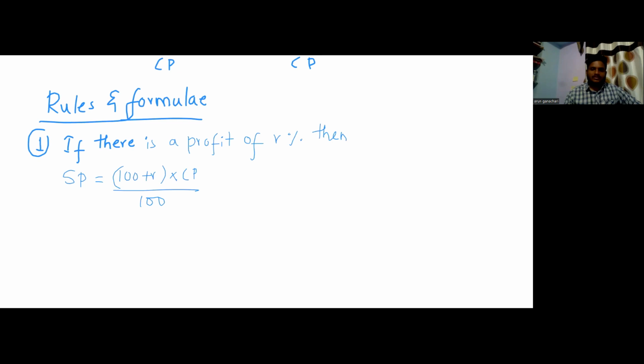And CP is equal to 100 divided by 100 plus R into SP. Okay, this is your first one.